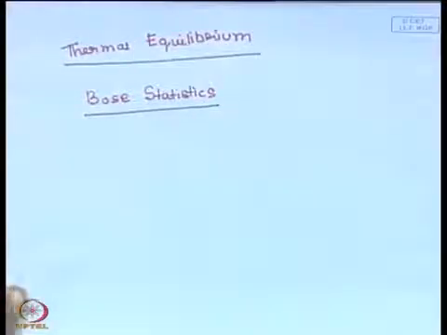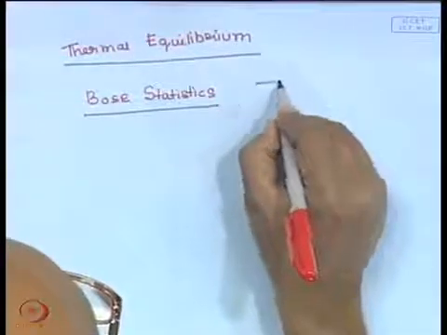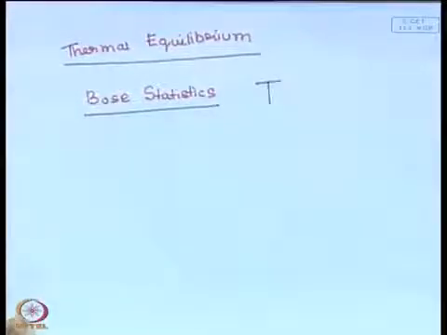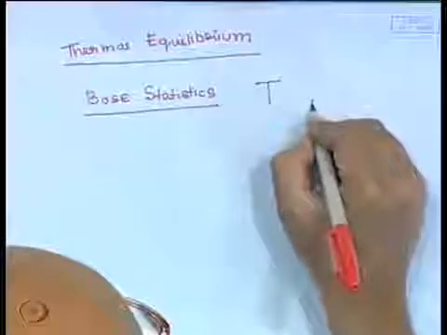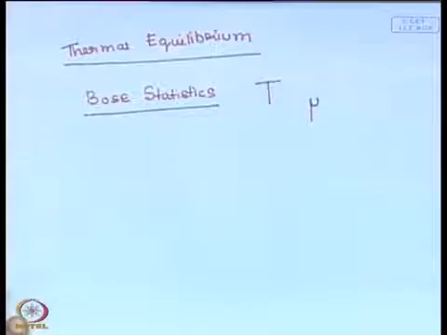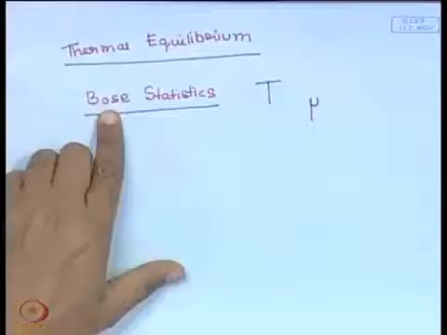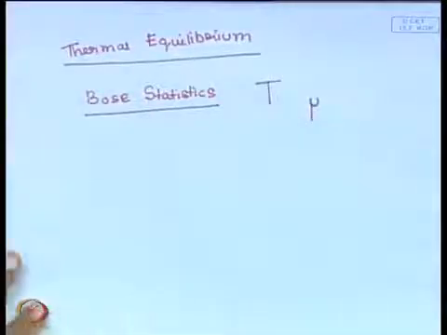And there are two parameters here, one is the temperature of the system and the other is the chemical potential mu. So, there is a system of bosons in equilibrium. To completely specify the system, you need to tell the temperature and the chemical potential, right. The Bose distribution has two unknown parameters, the temperature and the chemical potential.